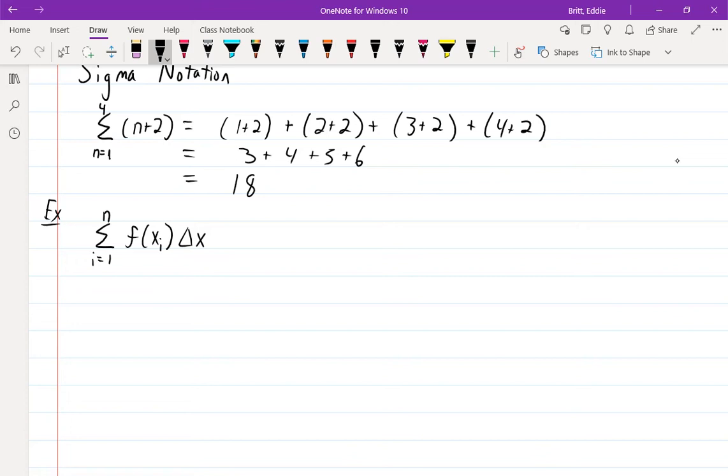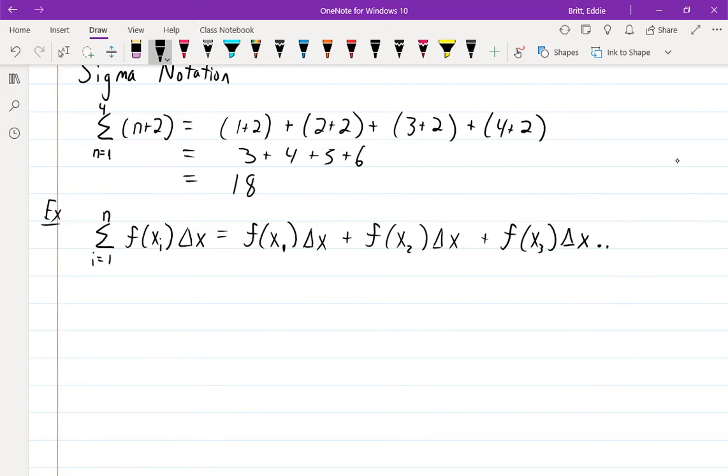Of course, it could go on forever and ever to the nth term, because this n right here isn't a number, it's a variable. But I could expand this a little bit and show you it'd be like f of x sub 1, of course again that's a y value, times delta x, plus f of x sub 2 times delta x, plus f of x sub 3 times delta x, and then again it goes on and on forever.